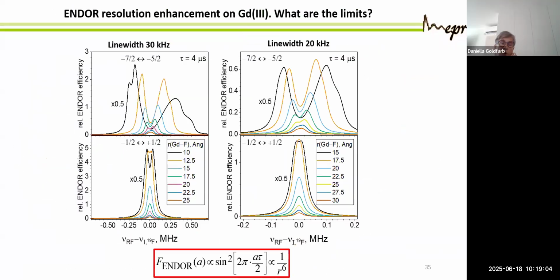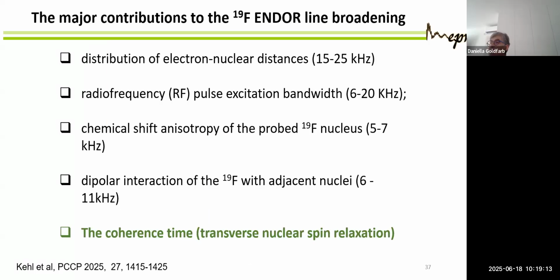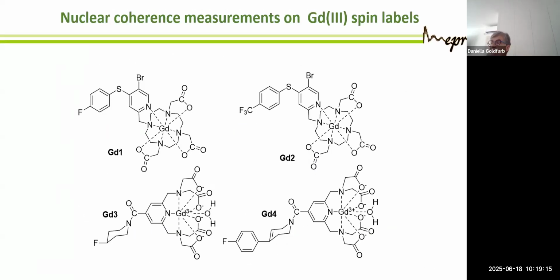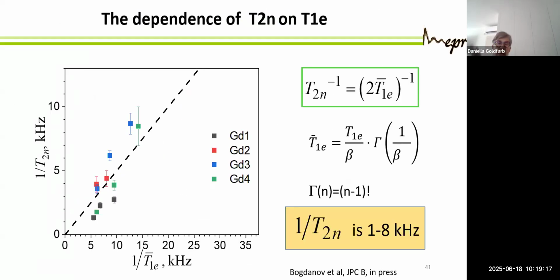I'm puzzled by this question. This is what we measured. Now, for protons, for instance, we did some measurements on protons. Protons, it's not, because we have here one fluorine, right? So for protons, we saw that it really depends on the hyperfine.